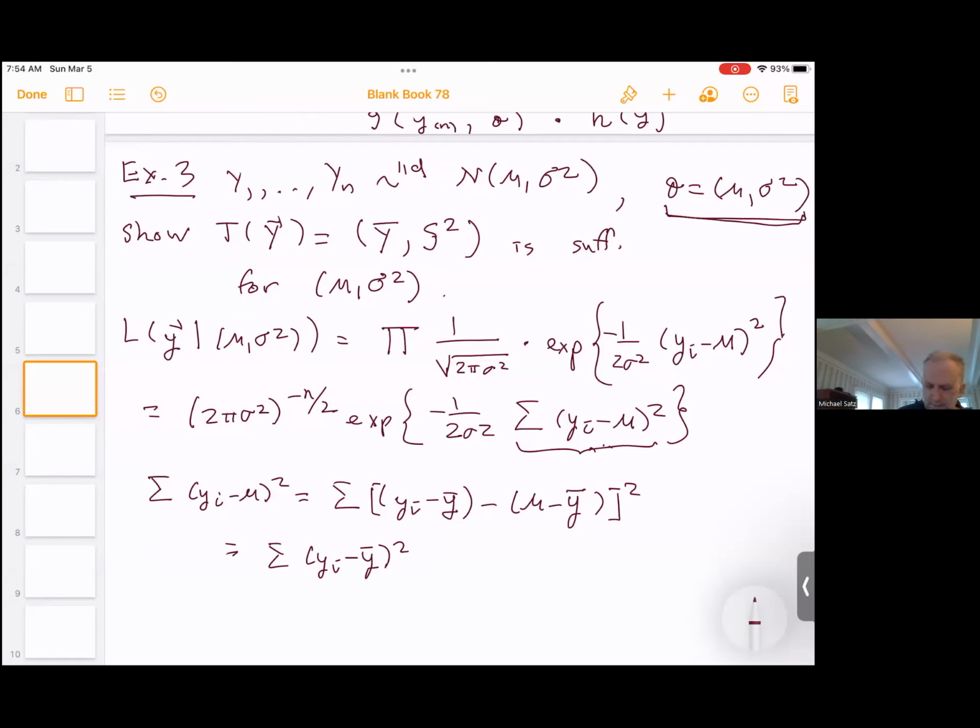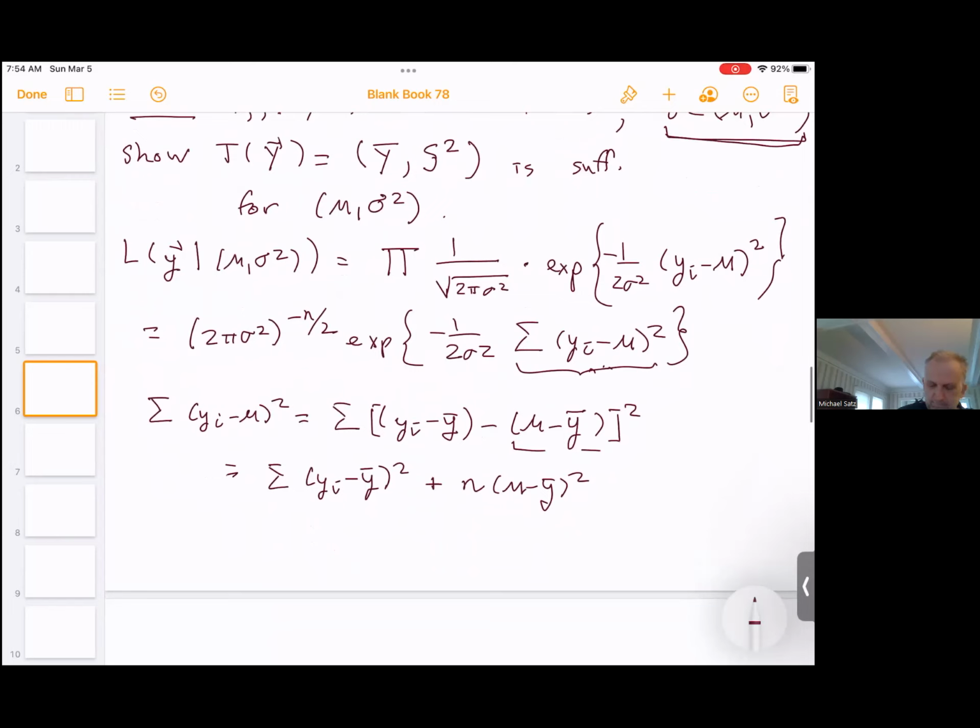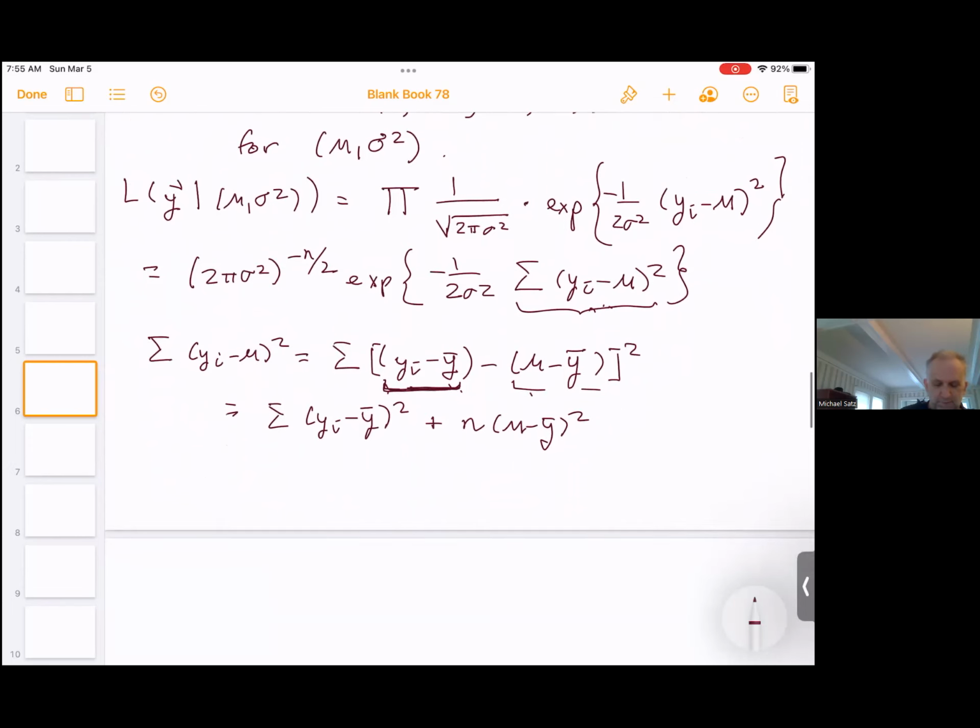When I do this squared term, I get this squared, and summing it up I get plus n times mu minus y bar squared. And the cross term is 0, because it's linear in this term, and when I add this over all n, I get n y bar minus n y bar. So this is 0. So this whole thing is just this. You should convince yourself, if you don't believe me, that this is this.